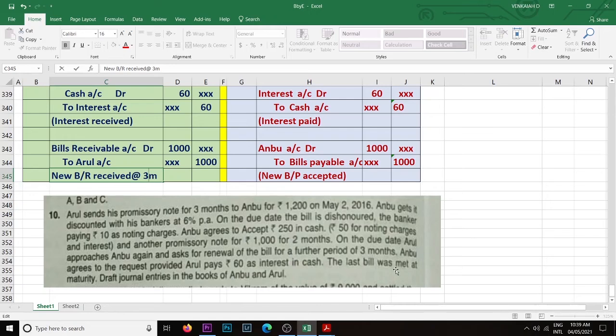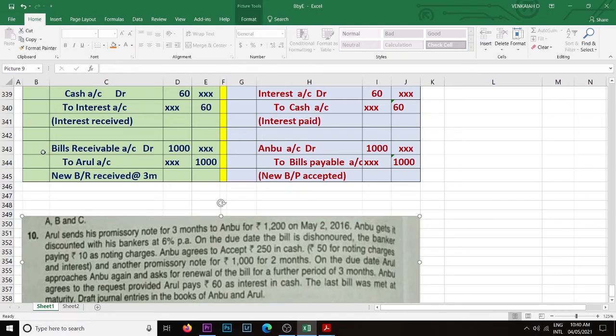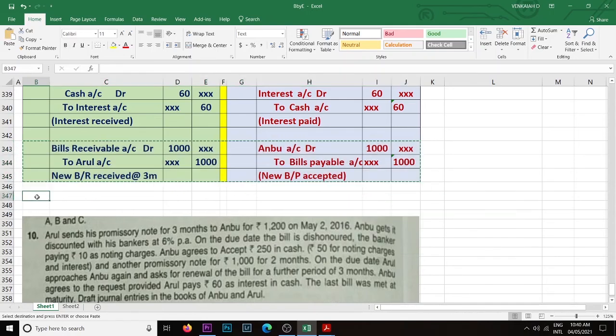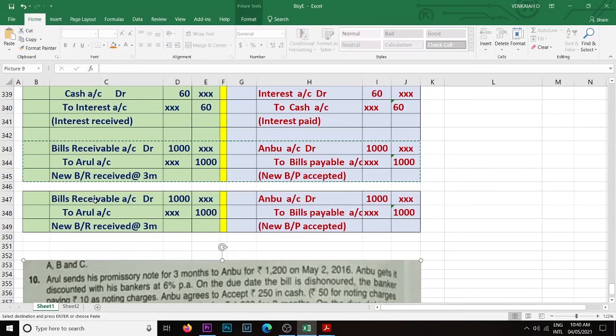The last bill was met at maturity. Okay, amount paid by Arul. Cash account debit, to bills receivable account.